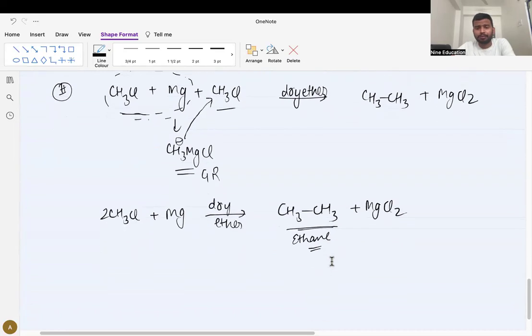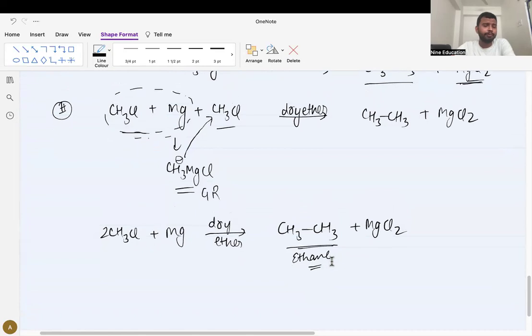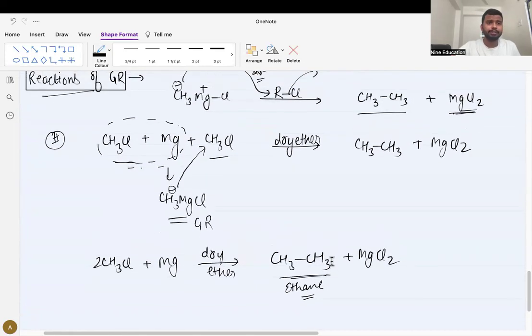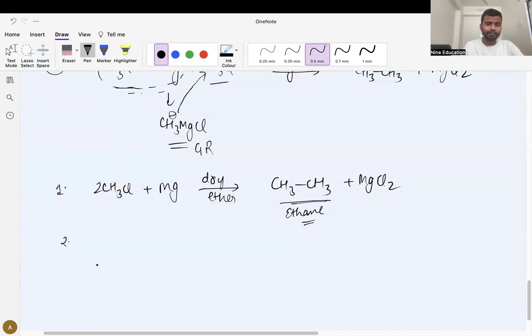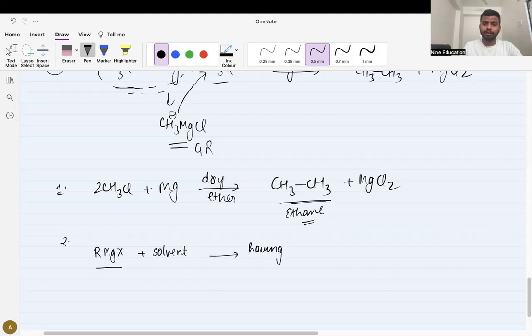चले, one more thing we will see. This is first reaction of Grignard. Second one we will write. Let's say I have a Grignard RMgX Grignard reagent. And if this Grignard reagent is present in solvent, any solvent, you know, in solvent which is having active hydrogen.